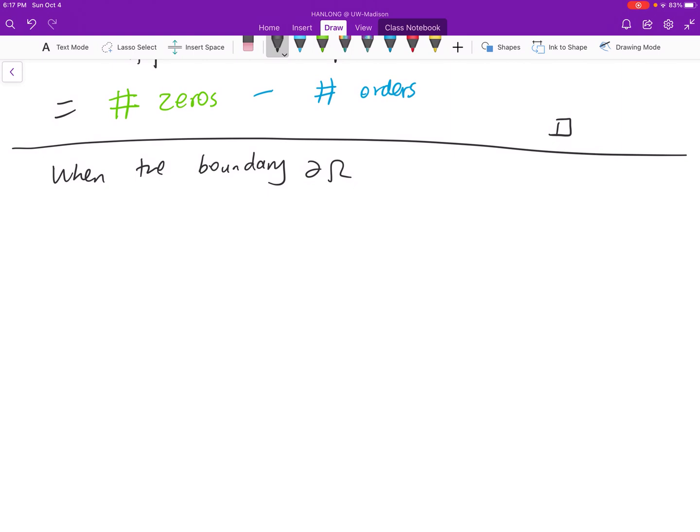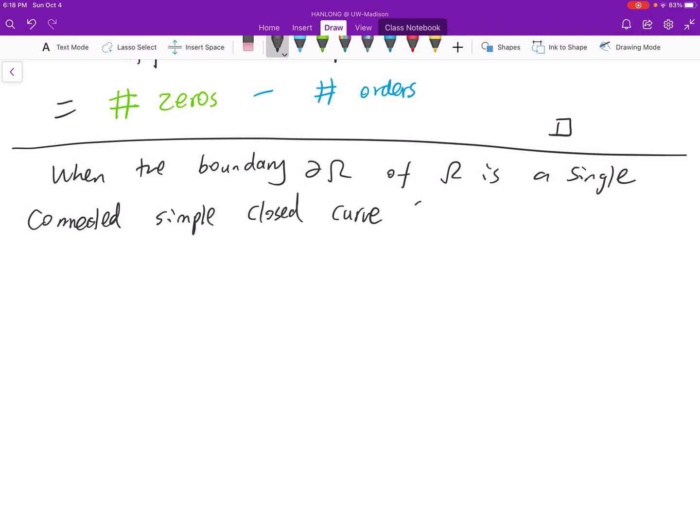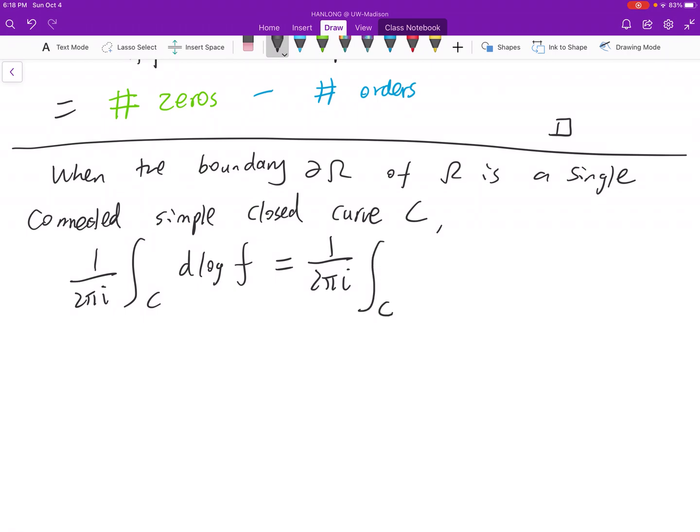When the boundary partial omega of omega is a single connected simple closed curve C, we just do the integration based on the definition of log f.